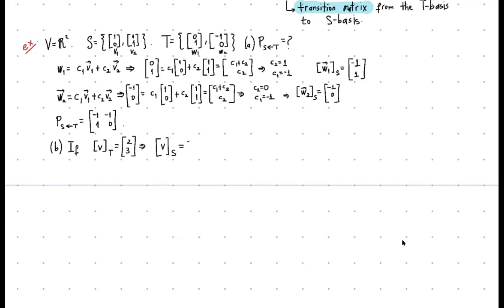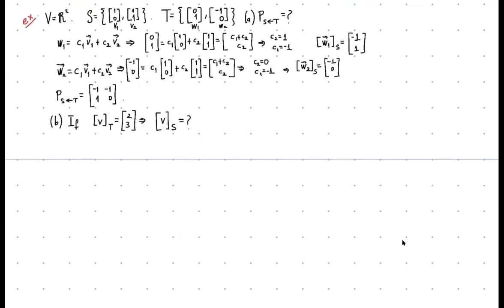Okay, how do we find it? So what we have seen is, to compute this guy, to compute v sub s, all you have to do is multiply the t coordinates by this matrix.